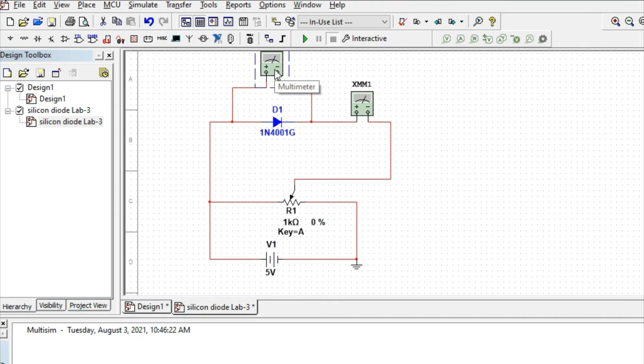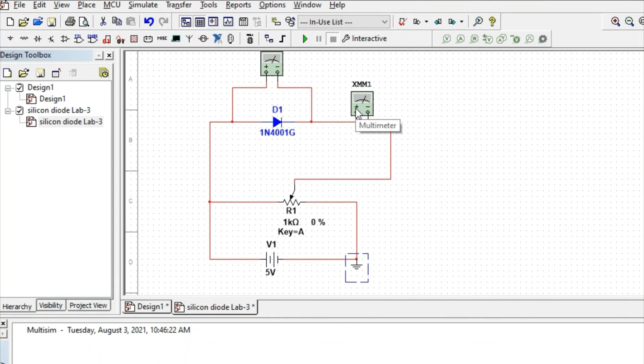This is the voltmeter, although I have used multimeter for this. This is a voltmeter, and this is for measuring the current across the diode. So this is ammeter. We are going to use a potential source of 5 volt here and a ground potential.